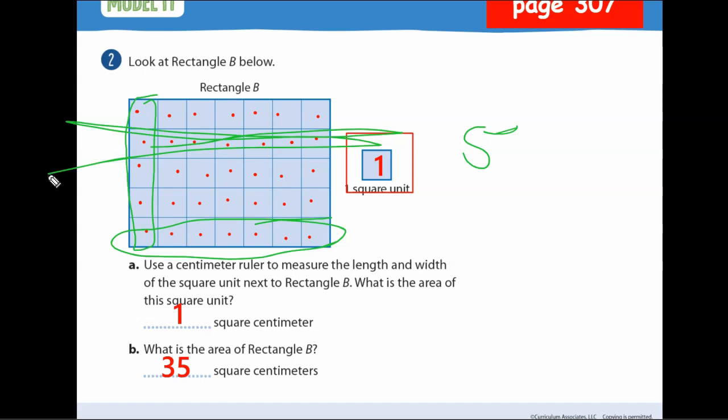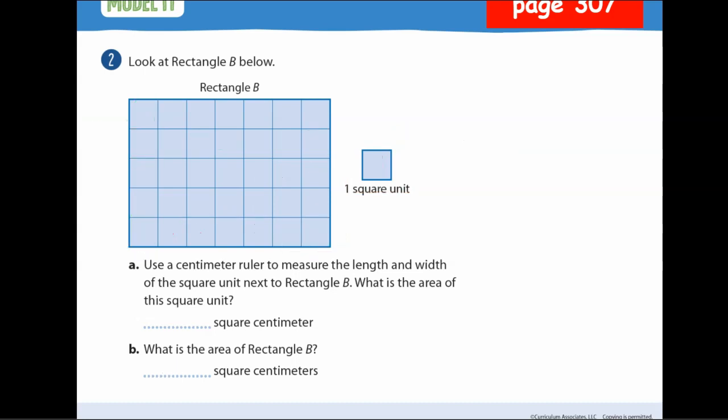Can you count the squares going across, please? 1, 2, 3, 4, 5, 6, 7.